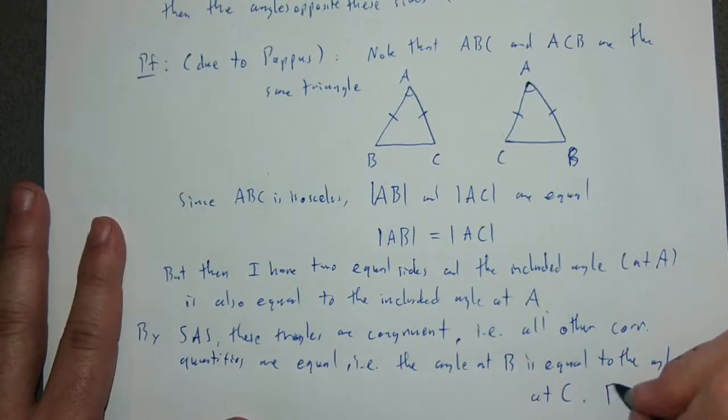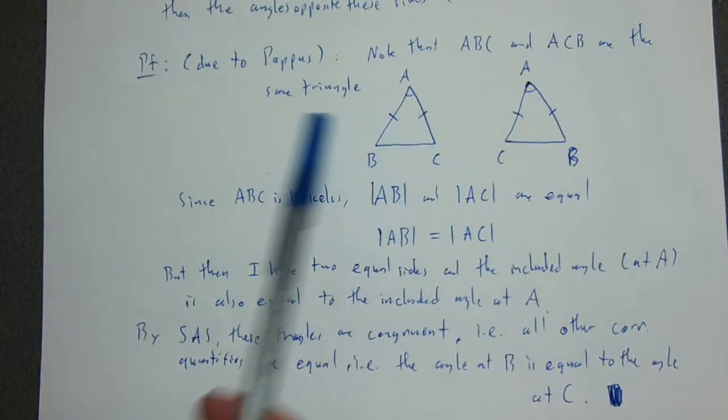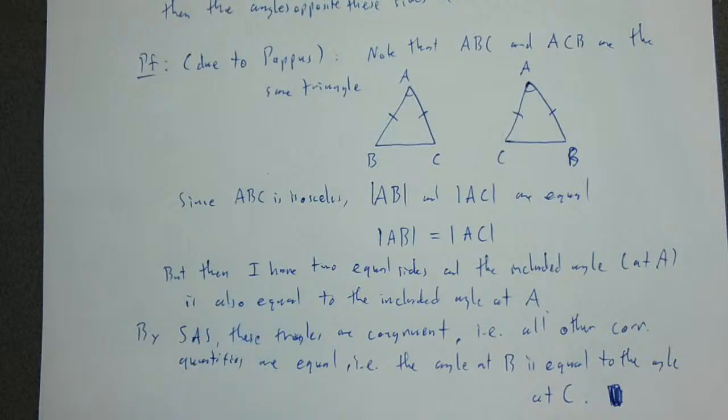Right? Okay. All right, so these angles opposite the equal sides are also equal. So B and C are also equal. So this is a nice use of side-angle-side to get this done. Okay. It does it really quickly.